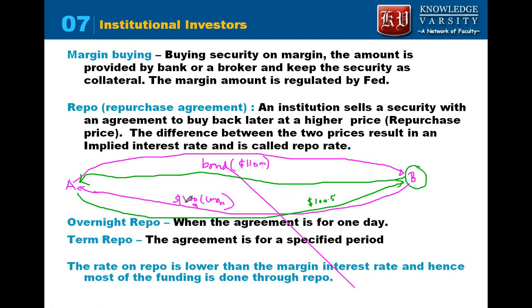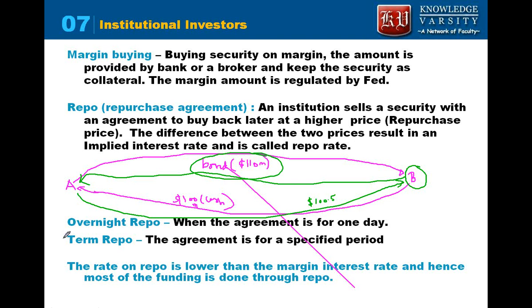The benefit of a repo agreement is that it lowers the cost of funding, because B is already holding bonds of A as collateral. Since this is collateralized, the risk of B is lesser and hence it is able to provide funding at a lower cost to A. Most of the institutional investors do not go with margin money, but go in for repo.